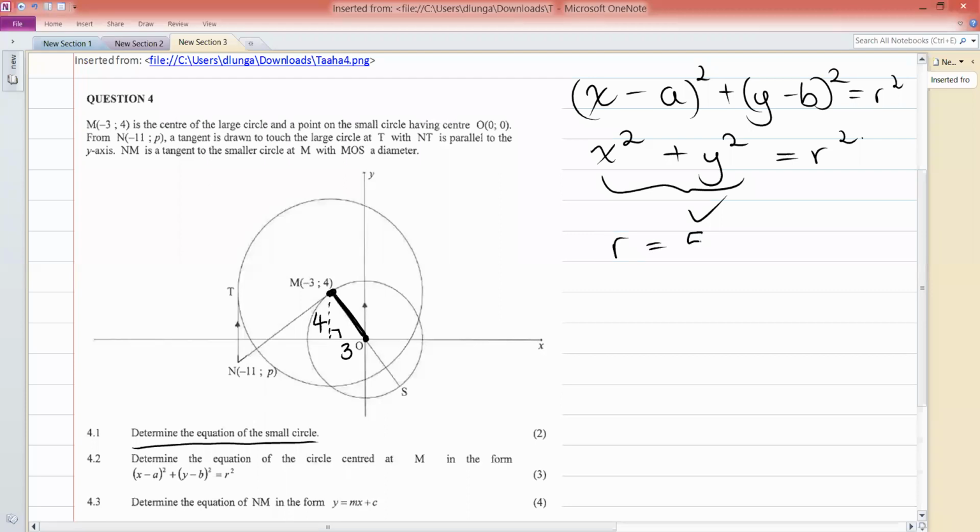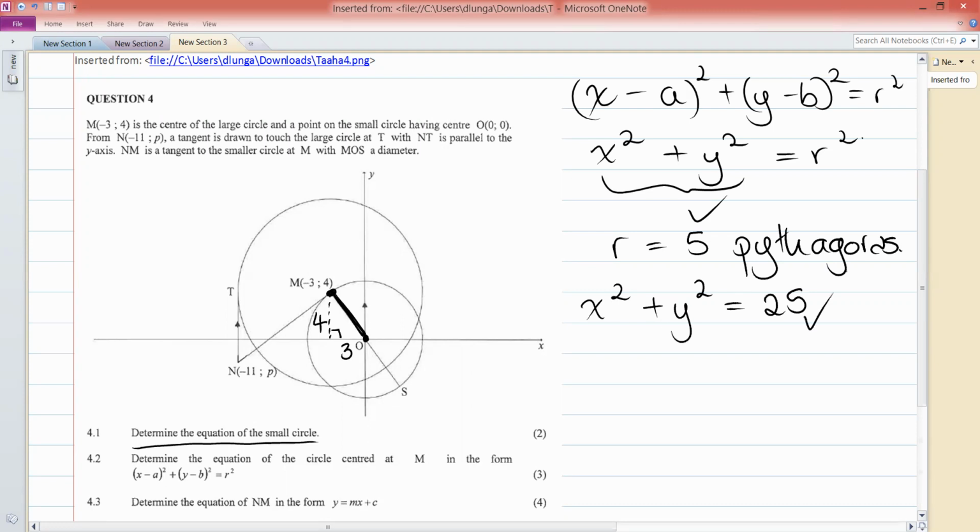Brilliant. So r is equal to 5, because of Pythagoras. You don't even need to show all your working, you just say r is equal to 5. So when you plug it in now, it's going to be x squared plus y squared is equal to 25. So there's a mark for the 25 there. That's where your 2 marks come from.